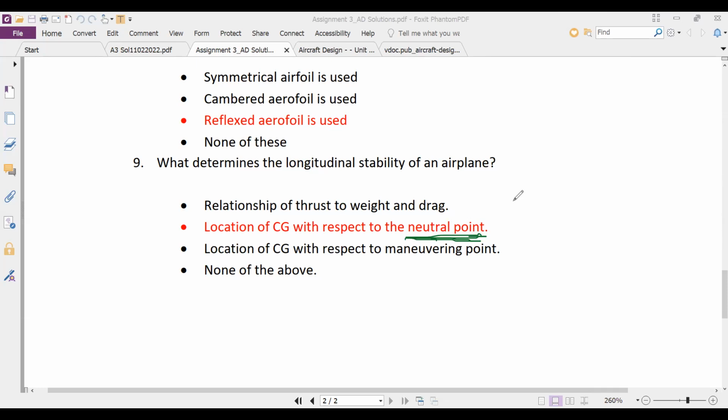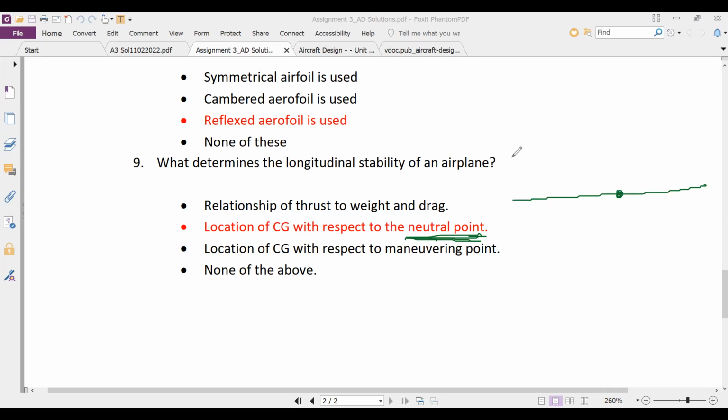Sir, it is basically the aerodynamic center of the whole aircraft, we can say. The change in angle of attack doesn't change the moment around this point. The moment remains constant. Right. So let's say this is the aircraft fuselage center line, and somewhere here is the neutral point.